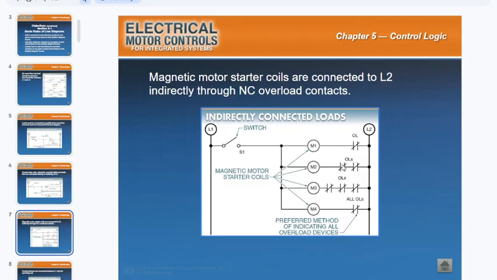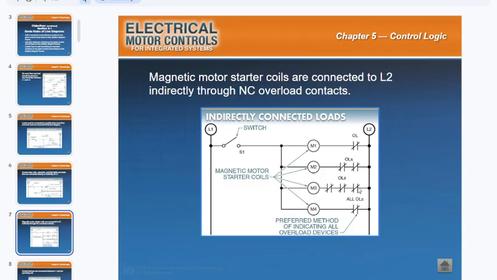But you could also run the L2 that's going to motor 2 through the overload of motor 2 and through the overload of motor 1 as well. What that does, and that's what they're doing for M3, they're running the L2 through M3's normally closed overload contact, but also through M2's, and also through M1's.